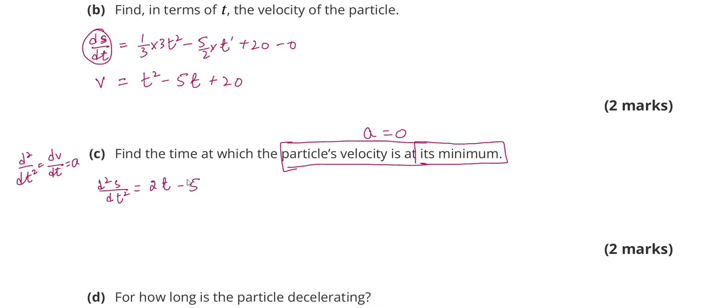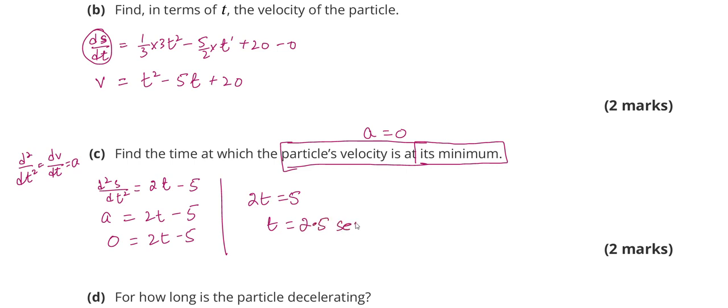So find the time at which the particle's velocity is at minimum. We say at this time acceleration was 0. So 2t minus 5 is equal to 0, and you can write down that 2t is equal to 5 and t will be equal to 2.5 seconds. You understand that? Yeah, I understand.